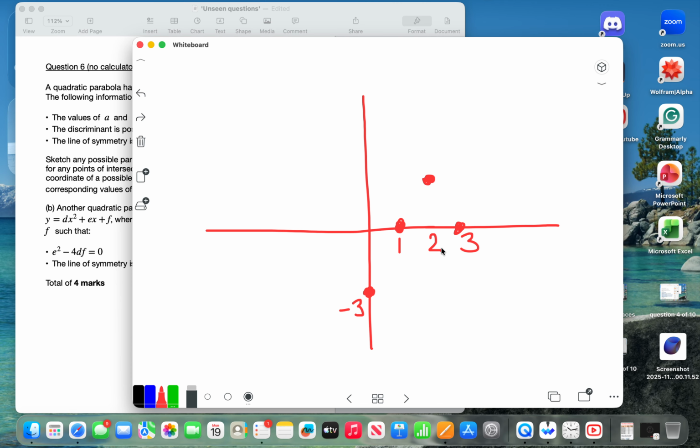So you could do 0.5 and 3.5. You could do 1.5 and 2.5. But the idea is that the x value of the turning point has to be between the two roots because of the symmetry. And let's then sketch the parabola. And it goes through like that.